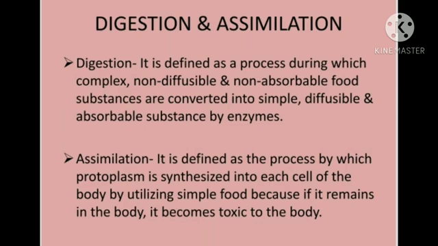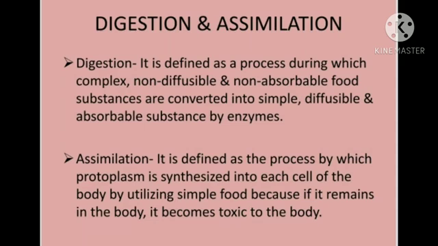What? The first one is nucleus, cytoplasm and different organelles, means different parts of the cell. All these three parts combine and make one word that is called as what? Protoplasm. So here, assimilation is defined as the process by which protoplasm is synthesized.